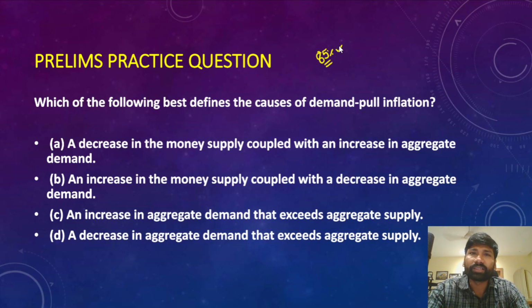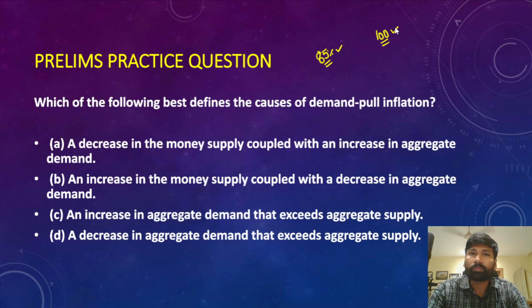Demand pull inflation, in the sense that, imagine that 100 goods are produced in an economy and people have excess money in their hands. The households have an excess amount of disposable income in their hands, and everyone starts purchasing these goods.